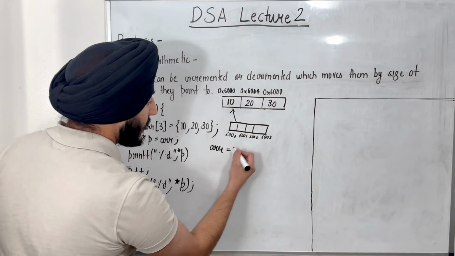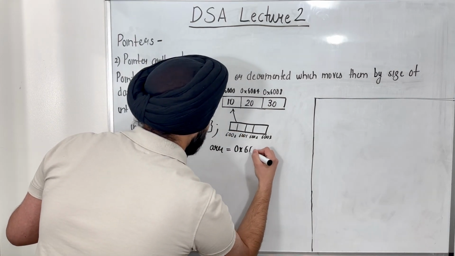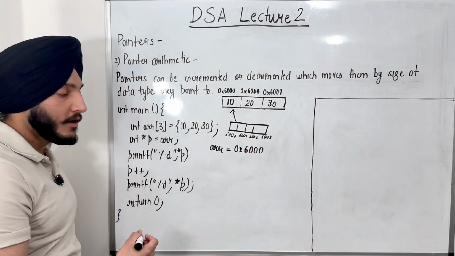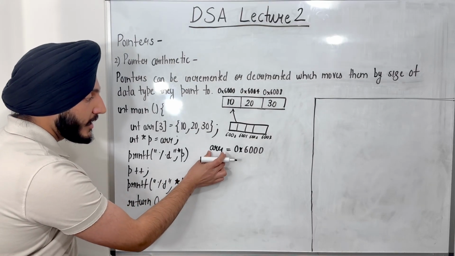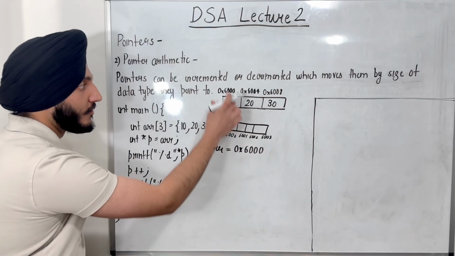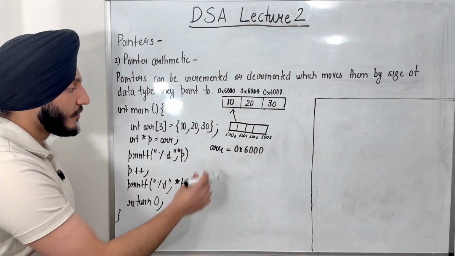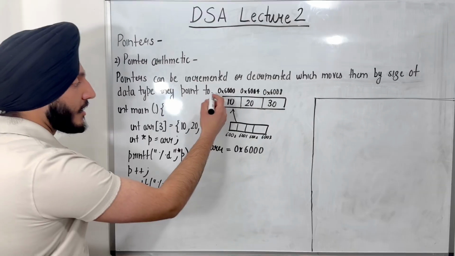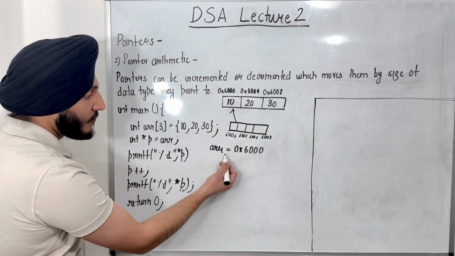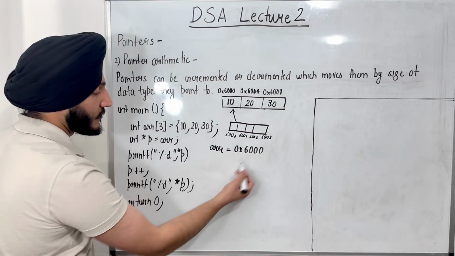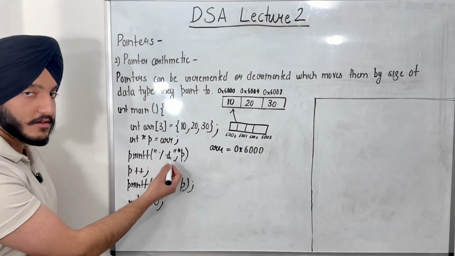So this is actually going to be 0x6000. Whenever you create an array, remember that if you just print that value, that would actually be the address of the first element inside the array. So in this example, let's say our array starts at the address 0x6000, then ARR would actually be equal to 0x6000.